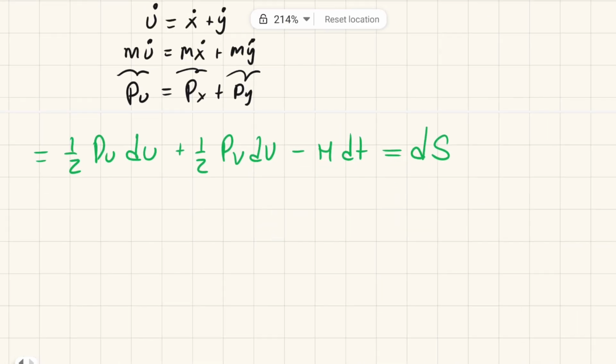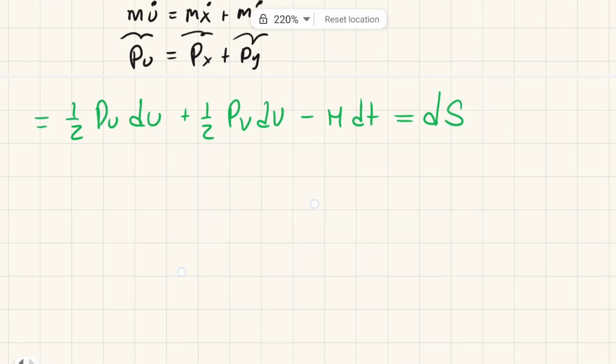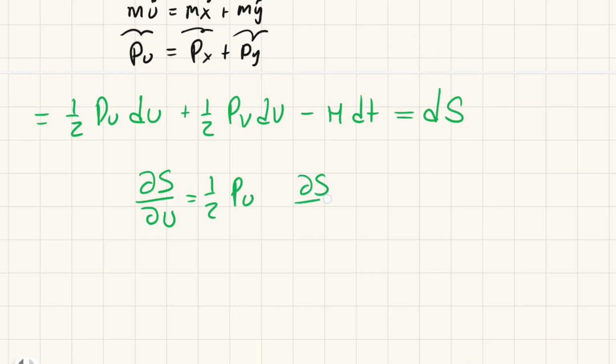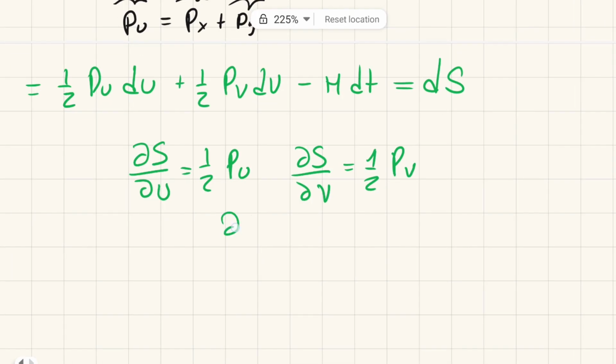Where this function s satisfies that the partial of s with respect to u is equal to 1/2 pu, and the partial of s with respect to b is equal to 1/2 pb, while the partial of s with respect to time is equal to minus h. Remember that this function s is a generating function of canonical transformations.